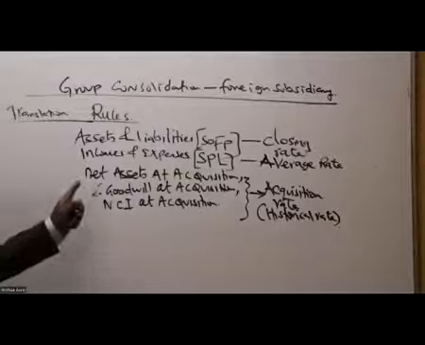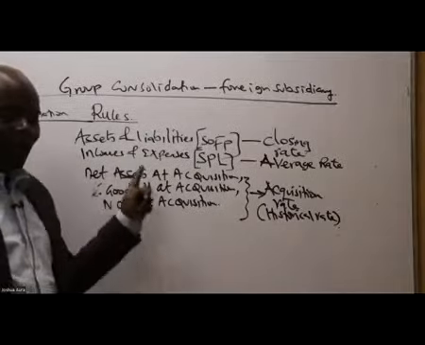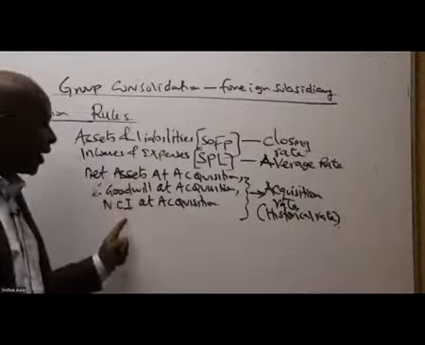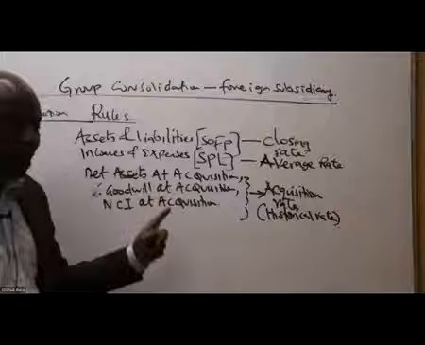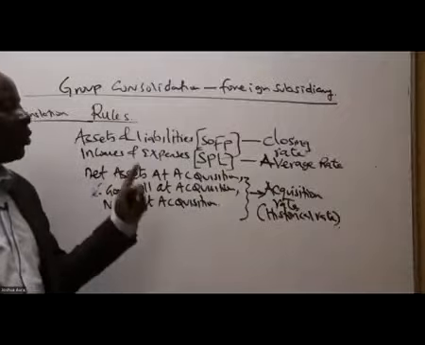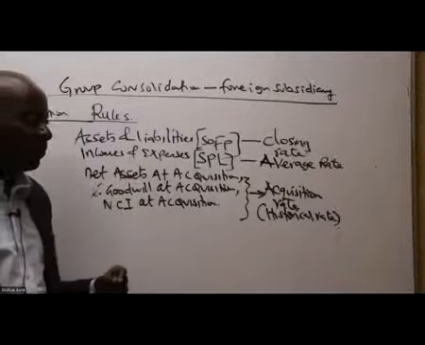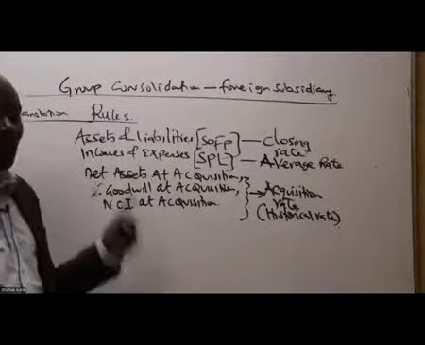So anything you hear like net assets at acquisition, goodwill at acquisition, NCI at acquisition, these ones we shall always be translating them using the rate that existed during the acquisition time, which is also known as the historical rate.